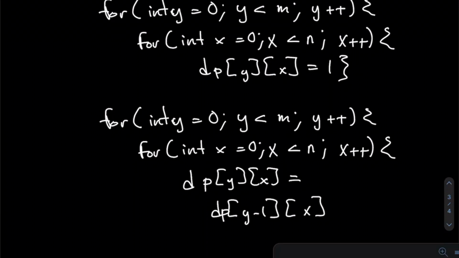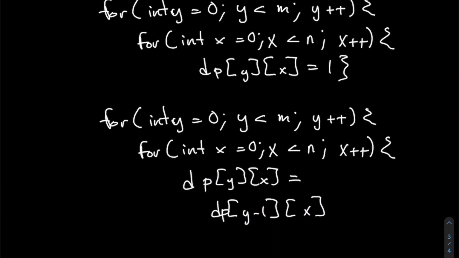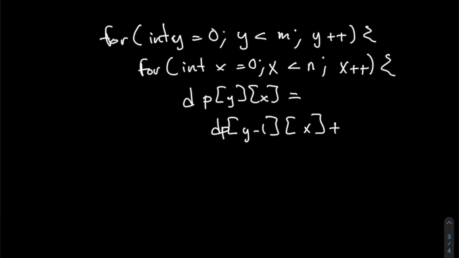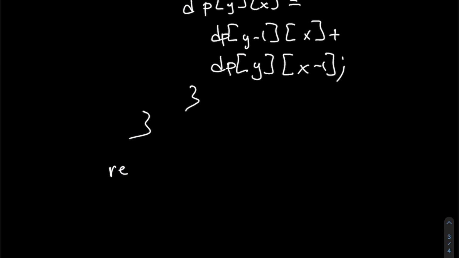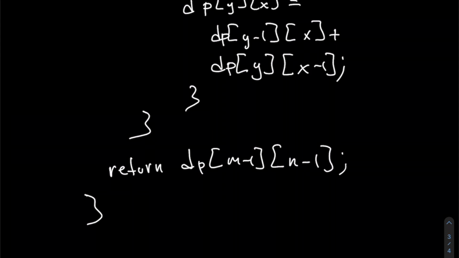This is what this is. Plus dp of the 1 to the left. And that's it. That's pretty much the entire code. At the end, you're just returning dp of m minus 1 and n minus 1. That's it. Hopefully you guys understood what I was saying here.